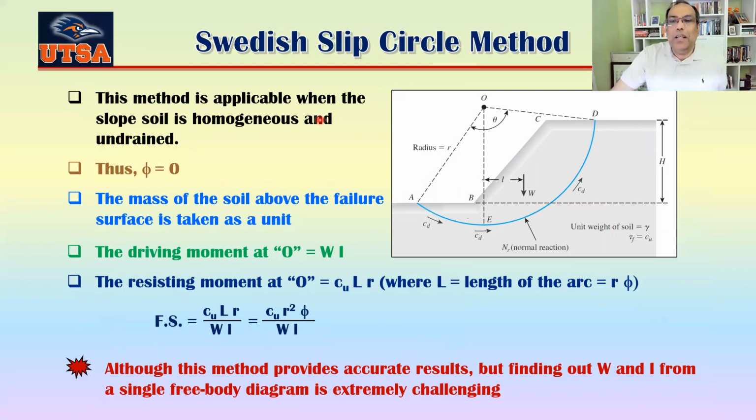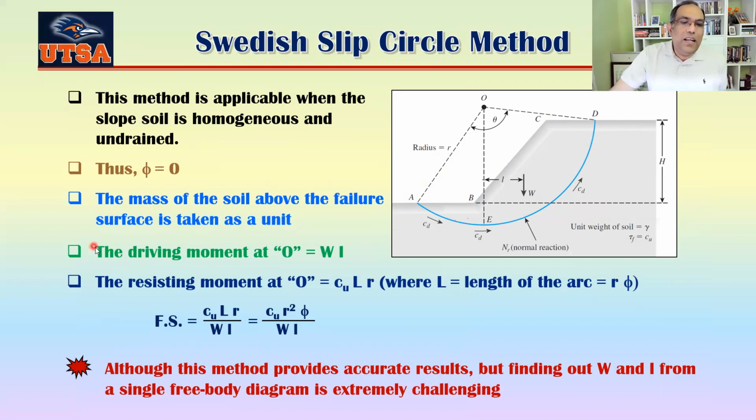In that situation, usually we use this method. Since this is undrained condition, your phi equals 0, the UU method we are talking about. The mass of the soil above the failure surface is taken as a unit, a single factor of safety here.